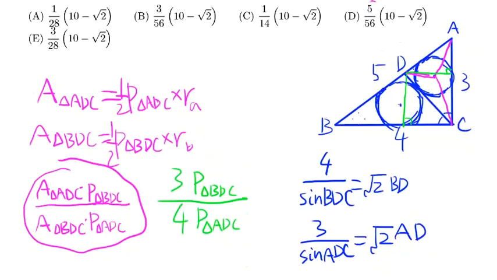Now, see here, there are angles BDC and ADC. They're supplementary angles, right? They add up to 180, which means sine BDC is equal to sine ADC.